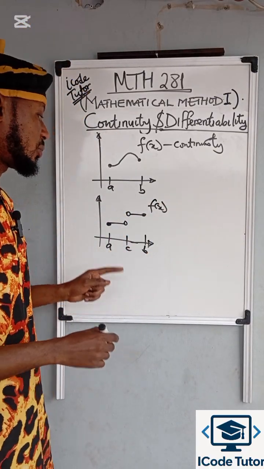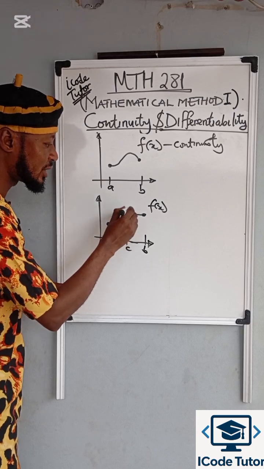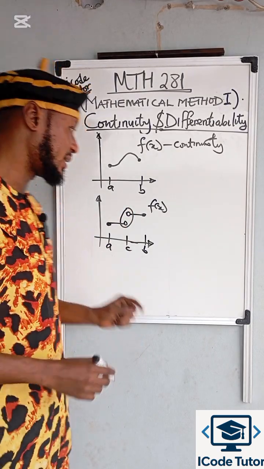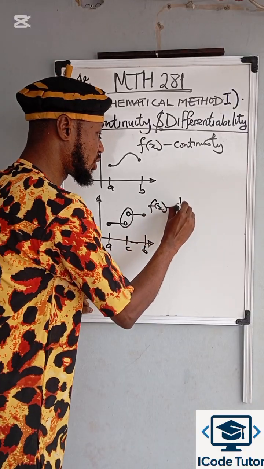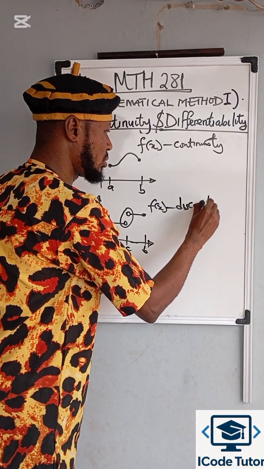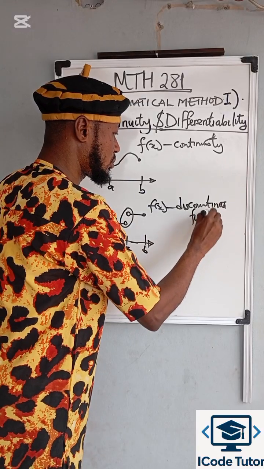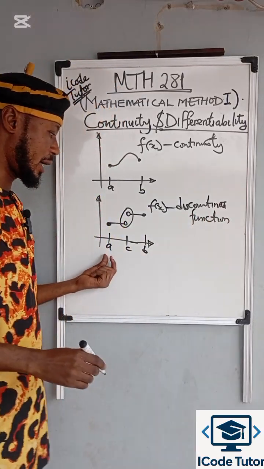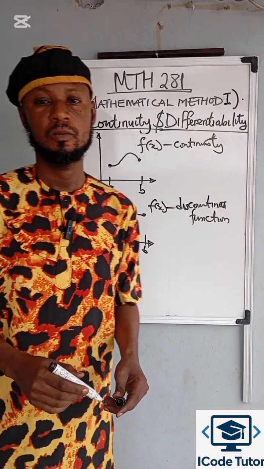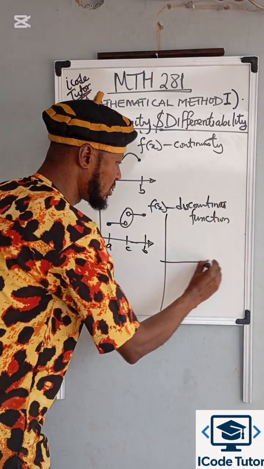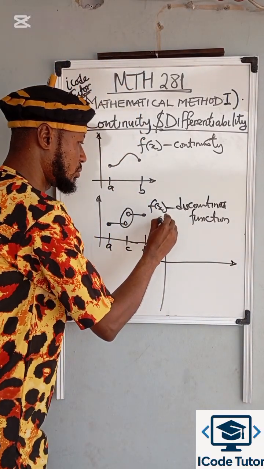Why is it discontinuous? Because there is a break. There is no connection between this point and the other point, meaning that it is a discontinuous function from A to B. Now let's look at another function that is discontinuous.